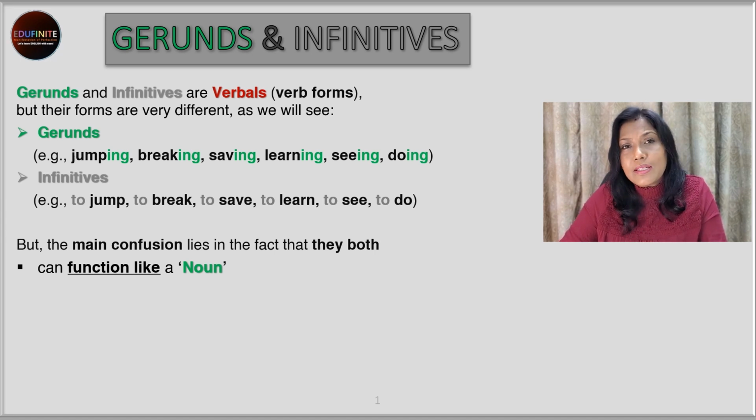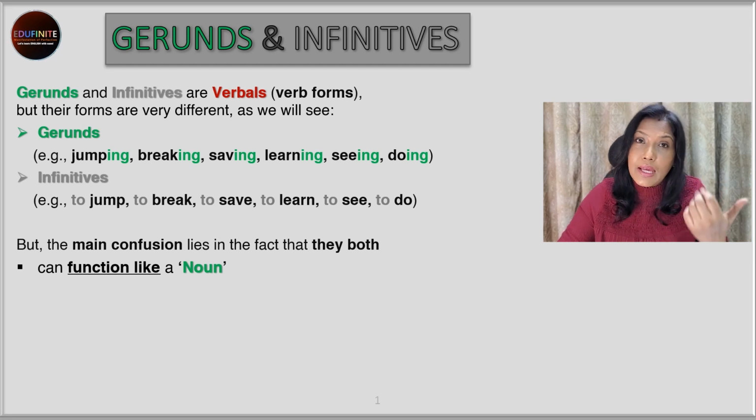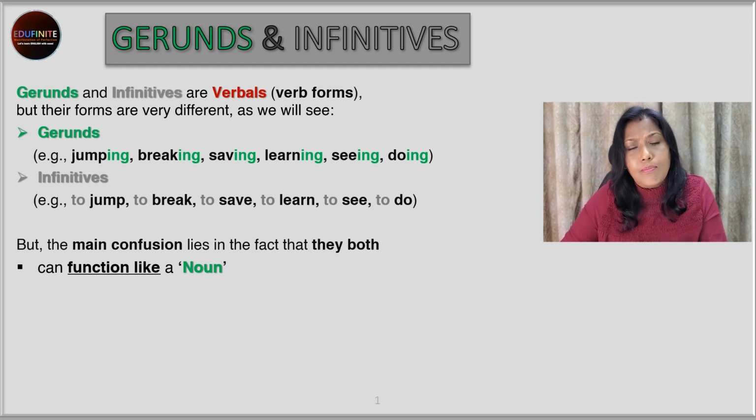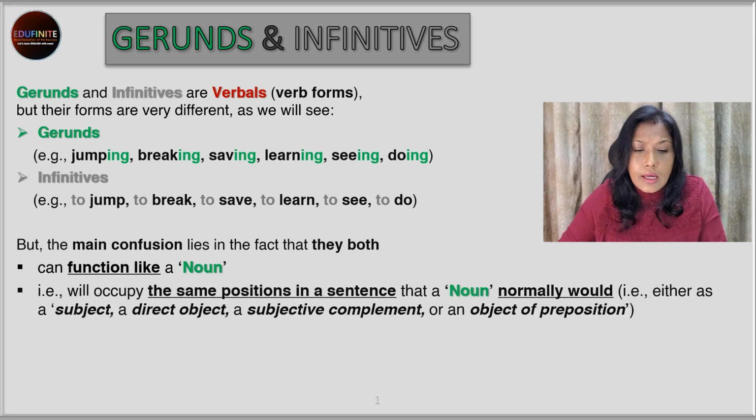So we know verbals. What are verbals? Verbals are actually verb forms that do not function as verbs, and they function as something else. Here we see both gerunds and infinitives can function as a noun. What is the meaning of functioning like a noun?